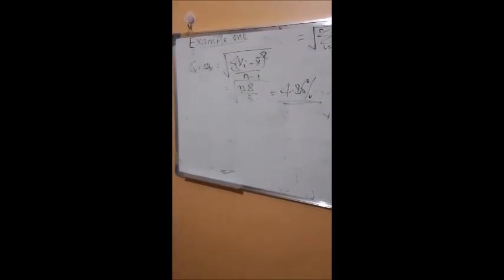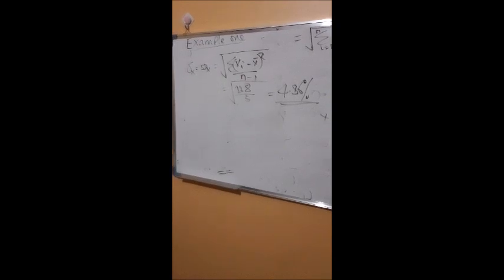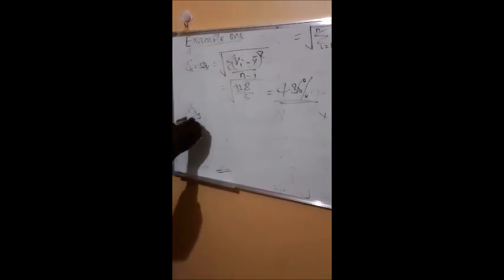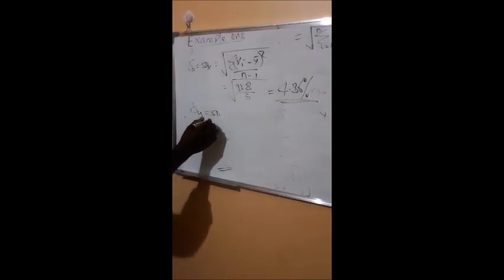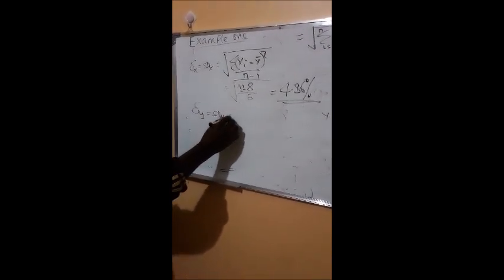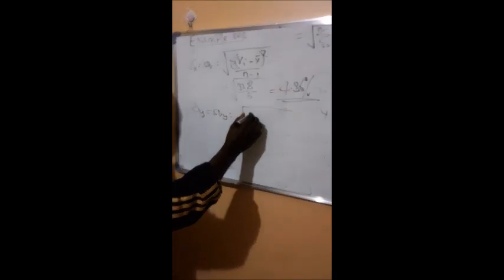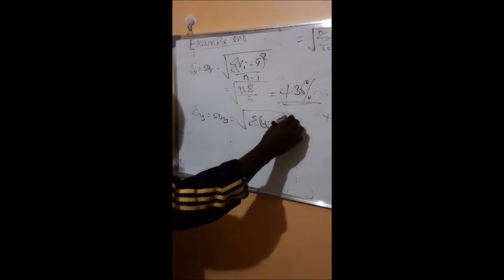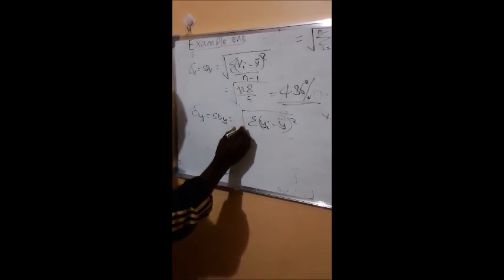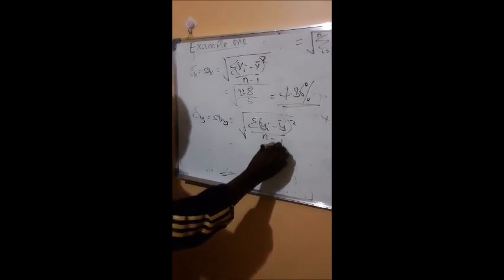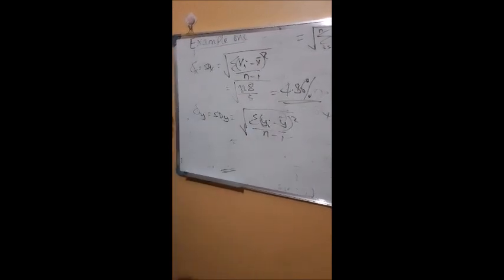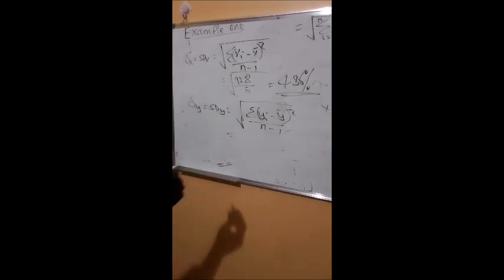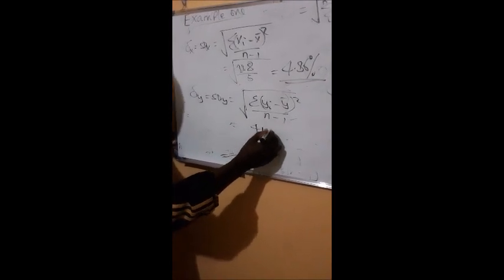After calculating the standard deviation or total risk for share X, let us see how to calculate the standard deviation for market Y, which is sigma Y. The standard deviation of Y is equal to the square root of the summation of Yi minus Y bar squared divided by n minus 1. The total summation of Yi minus Y bar squared is equal to 410.